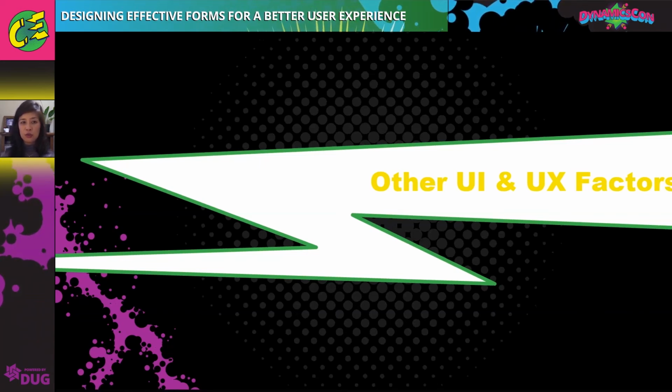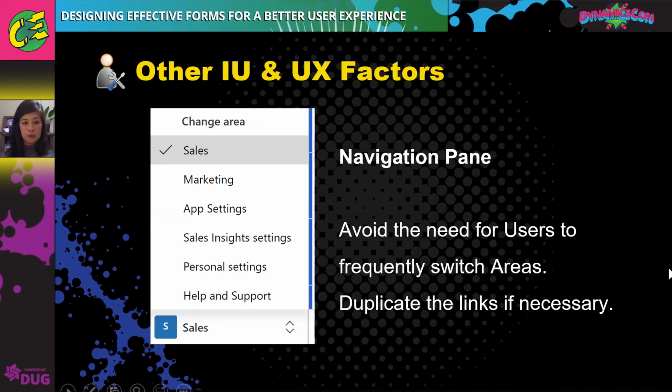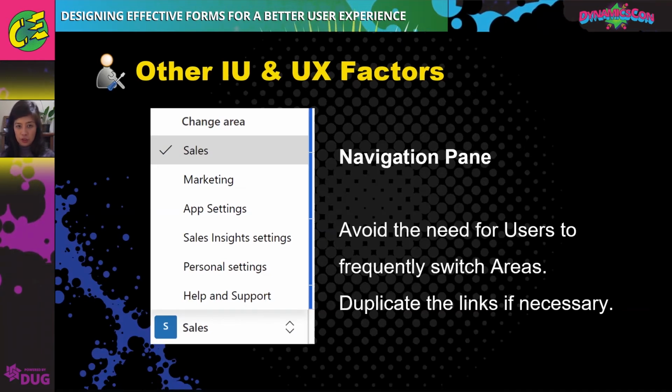I'd like to wrap this up by sharing some other UI and UX factors that I know affect the user experience. These are the navigation pane, help pages, and form performance. On the navigation pane, try to avoid the need for users to frequently switch areas. So you can duplicate the links.